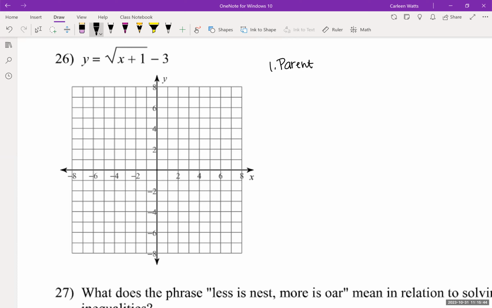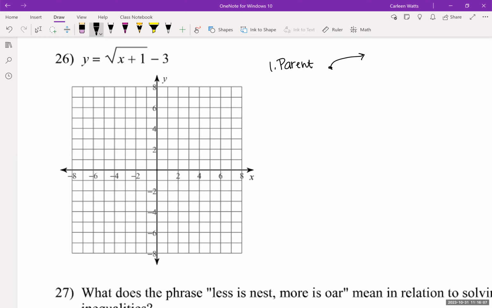Square root hugs the x-axis. But if it were the whole sleeping parabola, would it pass the vertical line test? That's what happens, because each x can only have one y. So there's the parent graph.